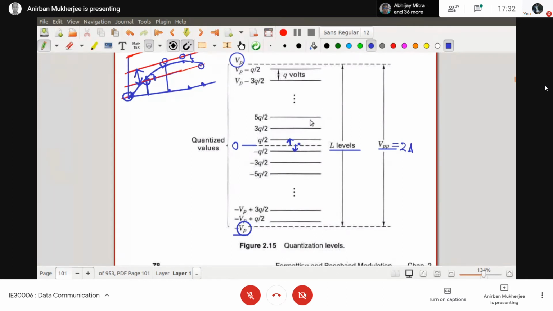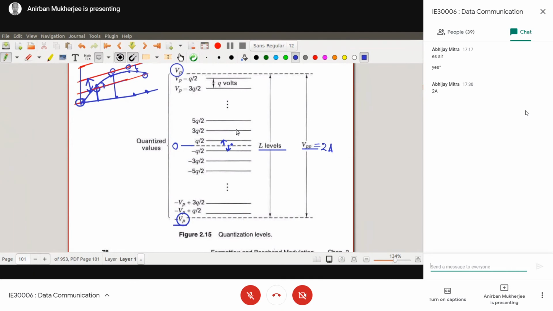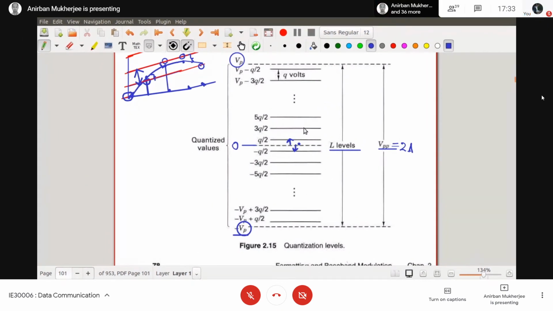So these are my discrete levels, these are my quantized values, these red lines.